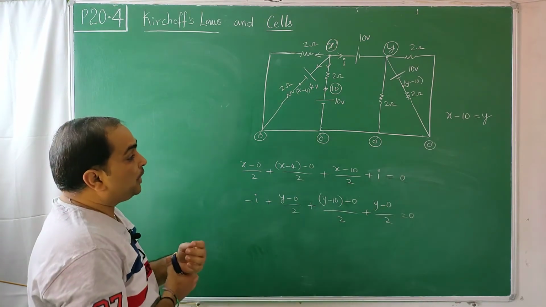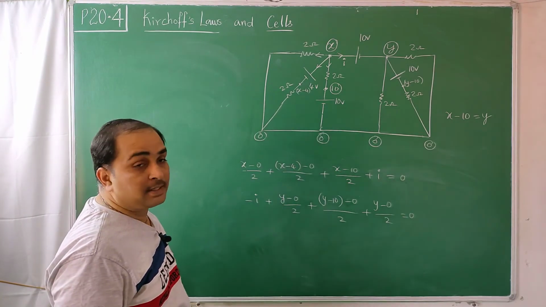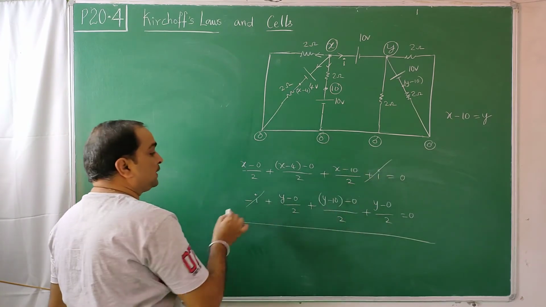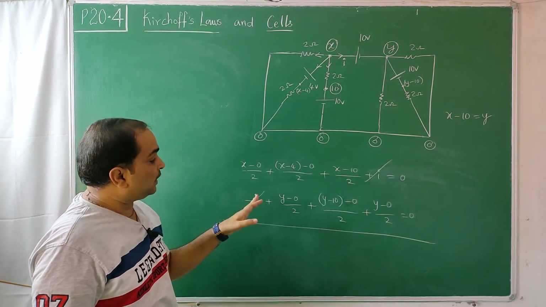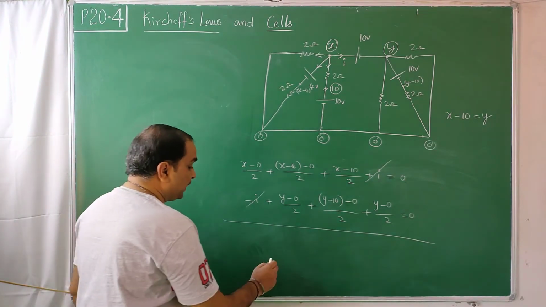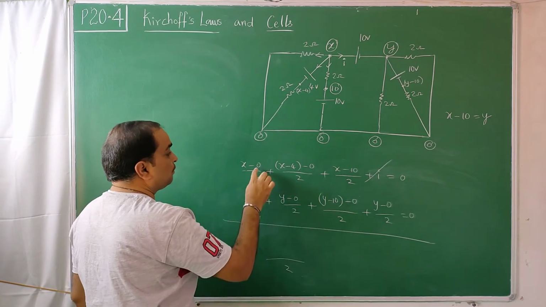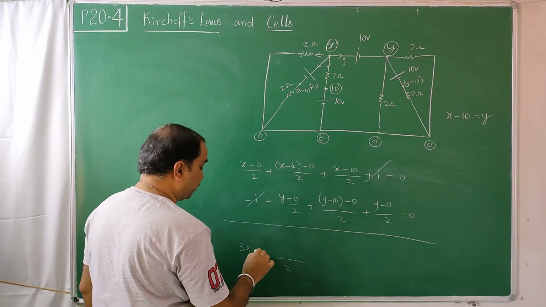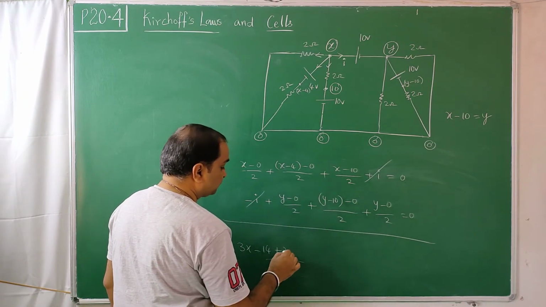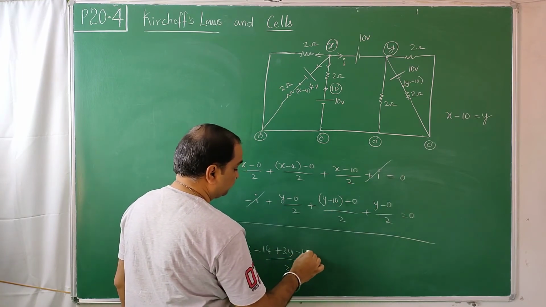Now we have two equations. In one case I is positive, in other case I is negative. If you add both, this plus I and this minus I get cancelled, and in all the cases 2 is common. So LCM is 2: 3x minus 0 minus 4 minus 10 minus 14, y plus 3y minus 0 minus 10 minus 10 minus 0 minus 10 should be 0.